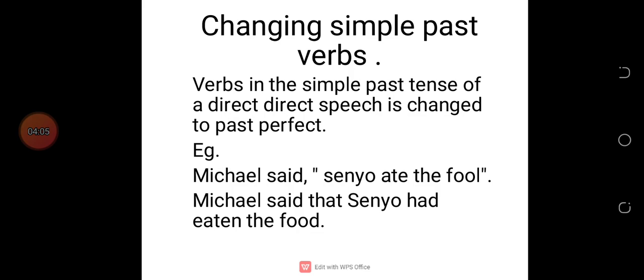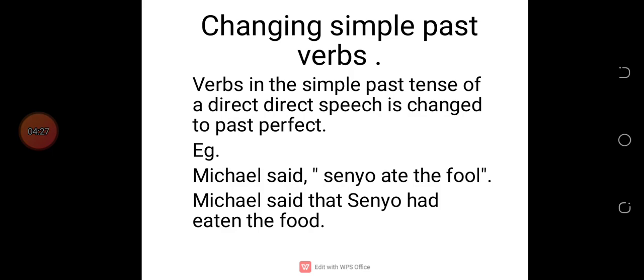Example: Mensa refused to come. So the refused there is in the simple past tense. It is telling us that the action started somewhere in the past and ended in the past.